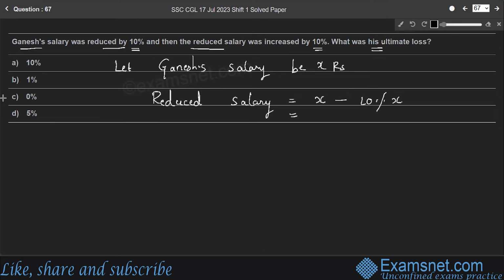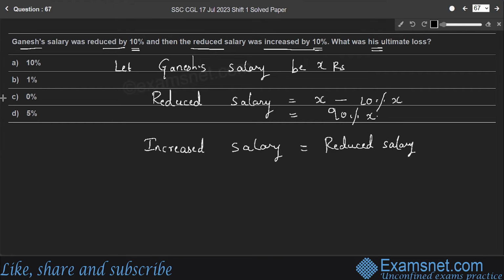Therefore, the reduced salary becomes 90% of X, which is 90% of the original salary. Then again, the salary was increased by 10%. This 10% increase is on the reduced salary. Therefore, the increased salary is the already reduced salary plus an increase of 10% on the reduced salary, right?